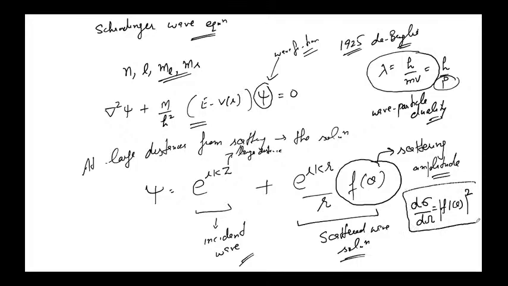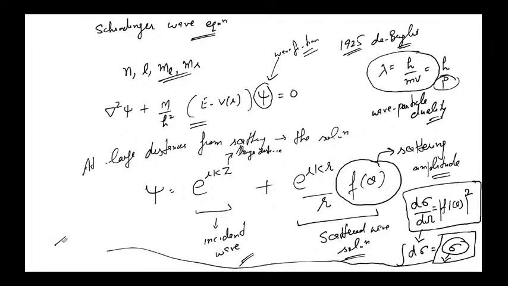So from this scattering amplitude we can calculate the differential cross section, and if we integrate it, we can calculate the total scattering cross section. This is our main motive. So what we have to calculate is the total scattering cross section for NP scattering interaction at low energies.